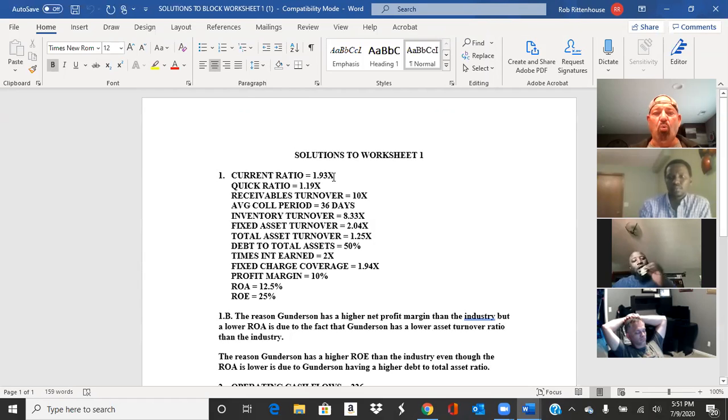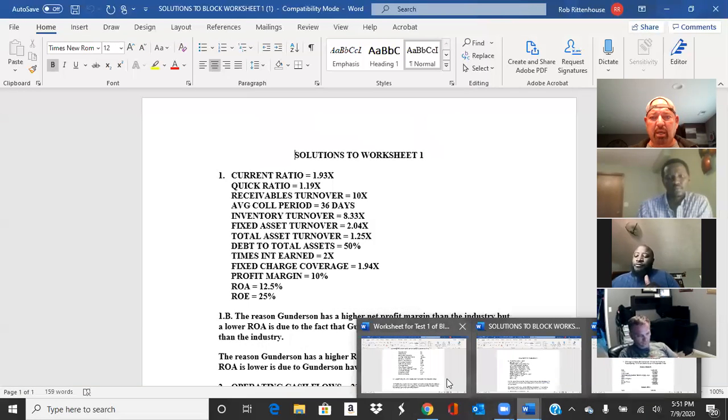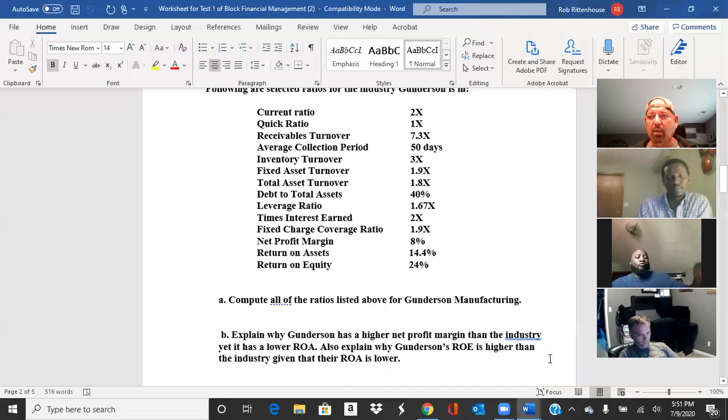I'll do the first couple and then one other. The fixed charge coverage tends to confuse people a little bit, so we'll hit that too. But going back to the worksheet.